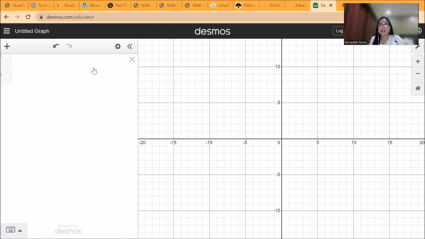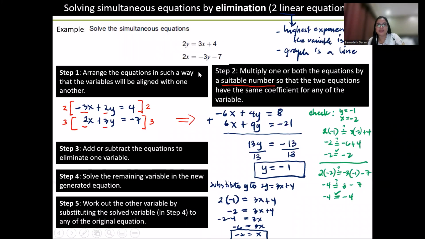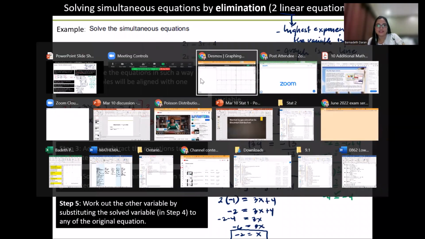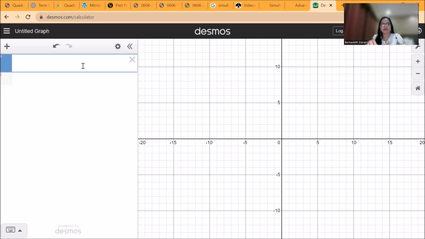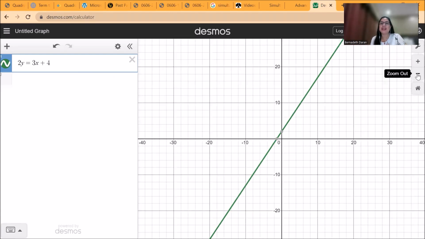Okay, so let us try to graph our equations. Again, let's go back to our given. We have 2y is equal to 3x plus 4. Let us graph it here. As I have told you earlier, this is a linear equation, and when we graph a linear equation, the graph is a straight line.